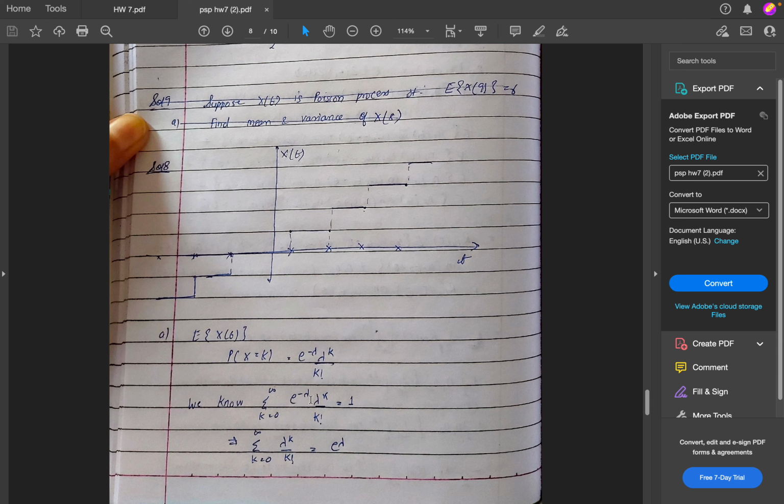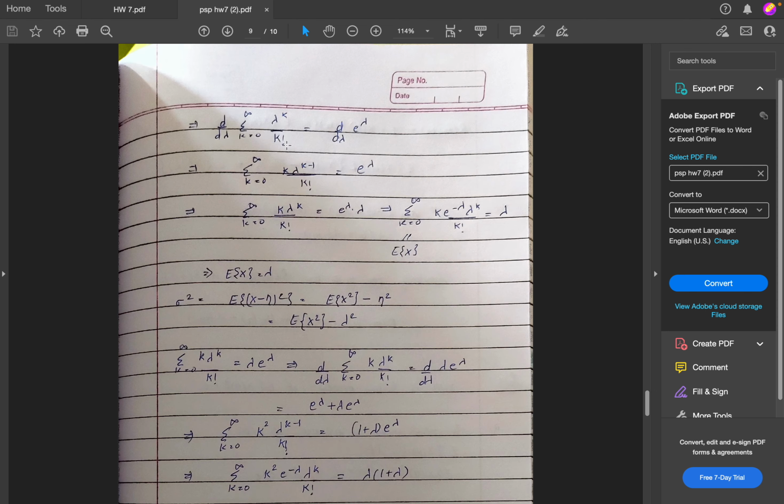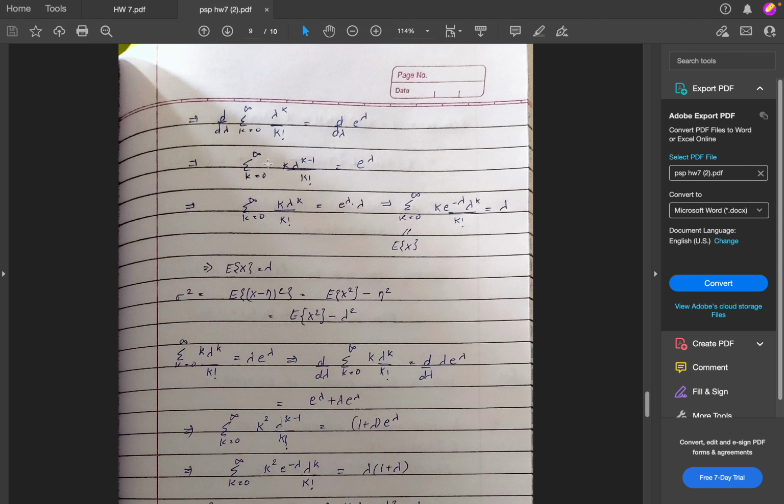We can move e raised to the power minus lambda to the other side, since it is not dependent on k, and then we'll differentiate both sides with respect to lambda. So we'll get k lambda to the power k minus 1 upon k factorial, and this will equal e raised to the power lambda. We can multiply both sides by lambda, so we get the summation of k lambda to the power k upon k factorial equals e raised to the power lambda times lambda.